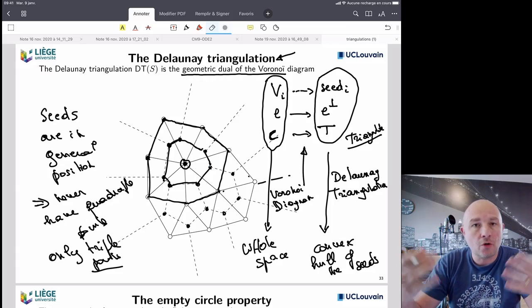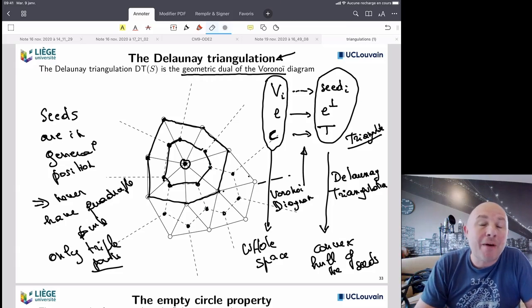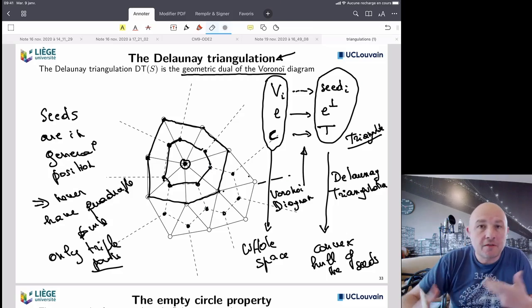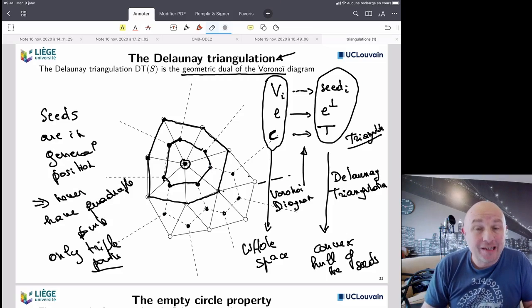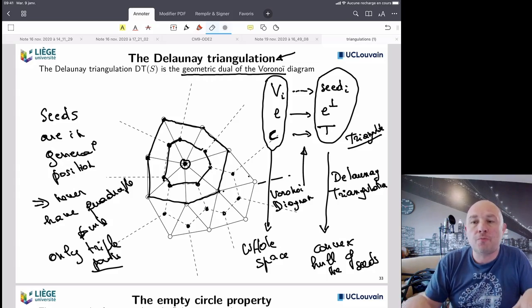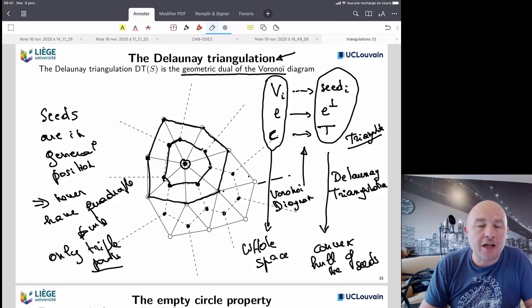meaning that I can build Voronoi diagram in dimension 3, 4, 5. Another byproduct of that algorithm is that because Delaunay triangulations are, in fact, triangulations of the convex hull, then if you can build the Delaunay triangulation, it's easy to find the convex hull using any data structure to store a subdivision, like for example, the half-edge data structure.